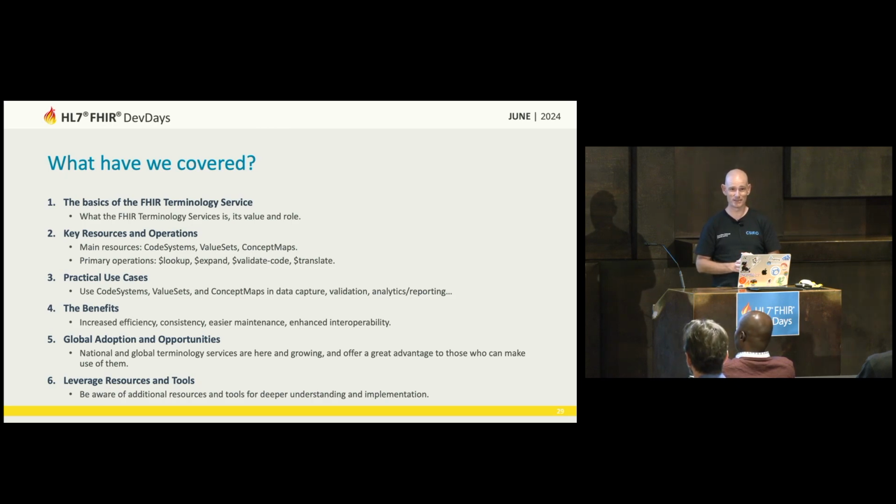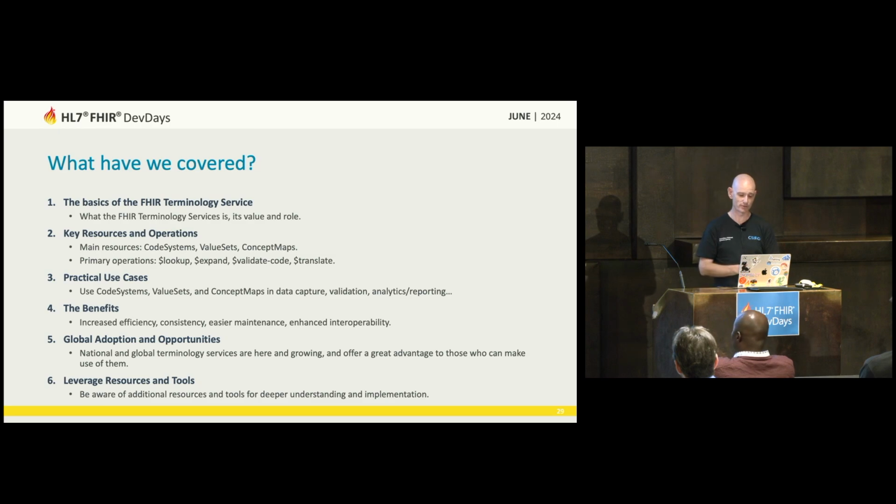Hopefully people understand the benefit of this sort of service and the way that it just makes it easier to pick up and immediately start using sometimes quite powerful, difficult to implement services without really having to do anything other than know how to call a simple API. And that's really the objective of the FHIR Terminology Service.